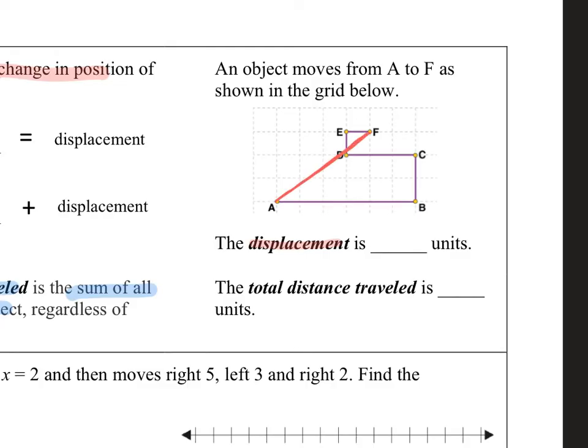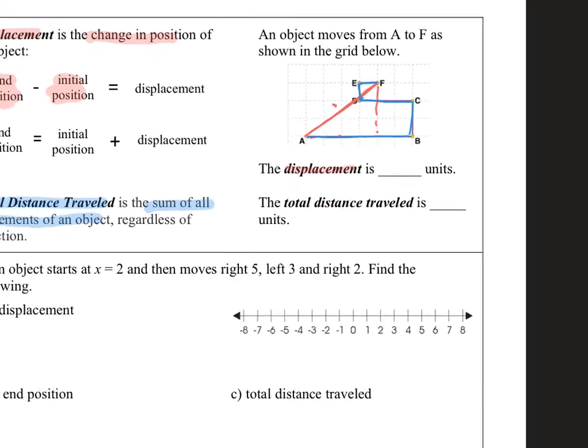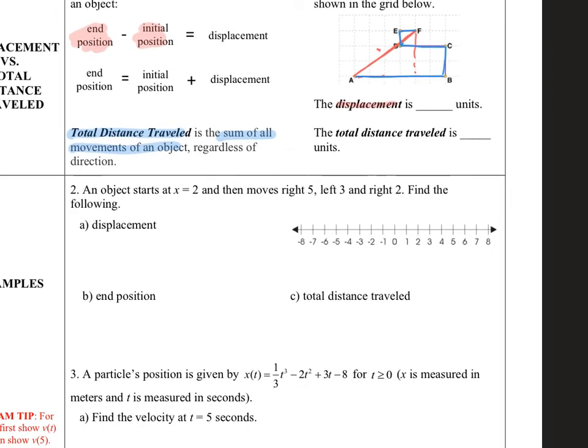I would just do a simple Pythagorean theorem to find what it is. If I wanted the total distance traveled, then I would track all the movements. So I would take this movement plus this one, plus this one, plus this one, and I would literally add all those movements together. So just a little example of displacement versus total distance traveled.